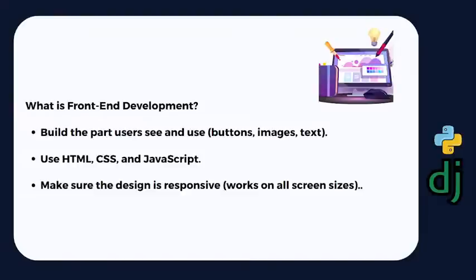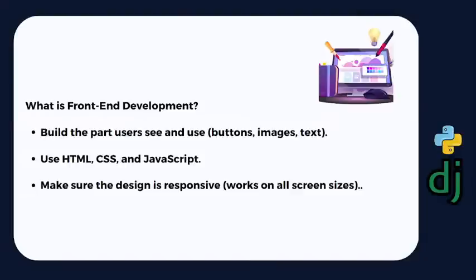What you see in the website is called the front end. What languages do we use for building the front end? We use HTML, CSS, and JavaScript. These are the things we use for building our website.